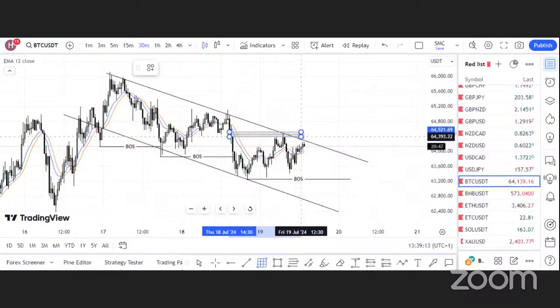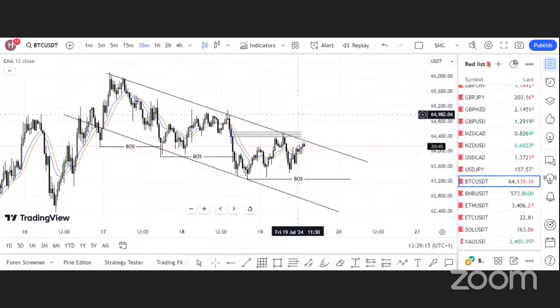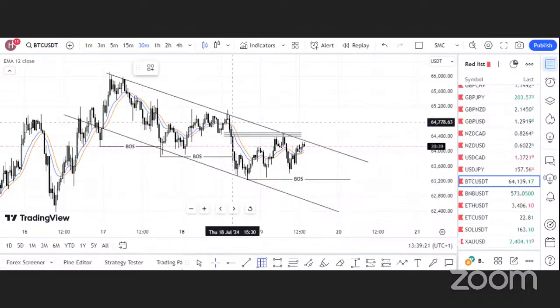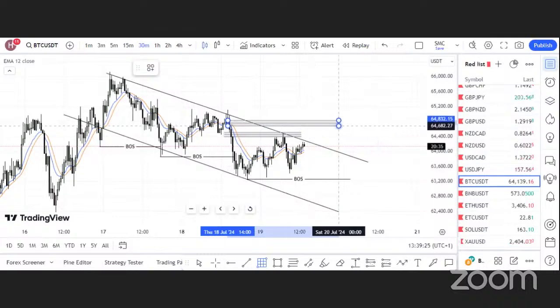So we have the market retesting the fair value gap. I think we have another fair value gap around here. So this is going to be like our fair value gap number two.